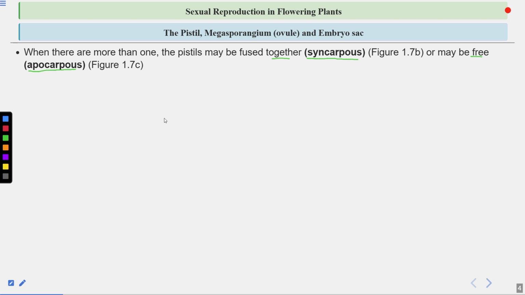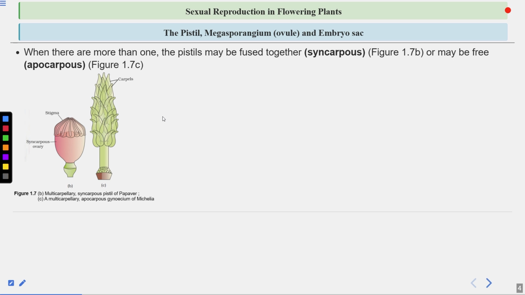So two conditions are there in the case of multicarpellary: when all the pistils are fused together, it is syncarpous, and when all the pistils are free and not fused together, it is apocarpous.